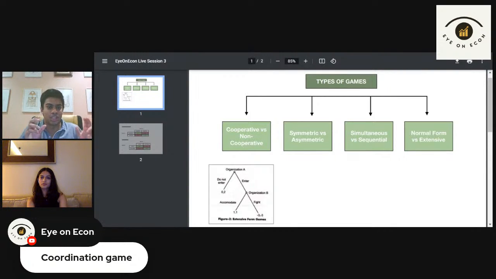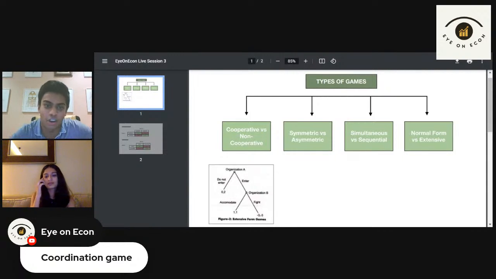That's where the word coordinates comes in, because you're trying to make your strategy be in line with the strategy of another player without knowing what the other player would opt to do, because it's a simultaneous game. So you're trying to match your strategies and coordinate with the other player in a way that will enable you to gain higher payoffs through having the same action or same strategy on both ends.